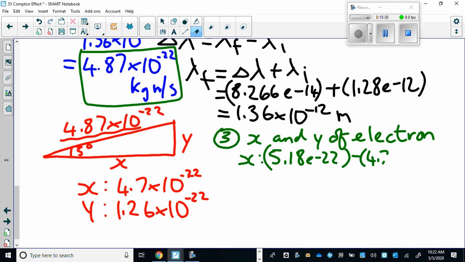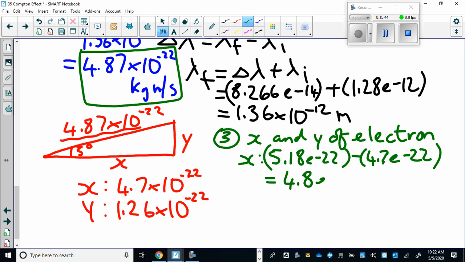Sorry, I know I have a habit of mixing things up. If you subtract those, you get 4.8 times 10 to the negative 23. That's the X component of the electron.